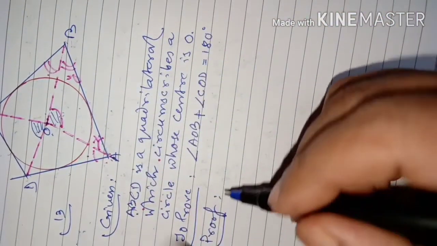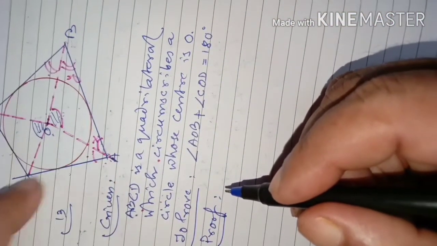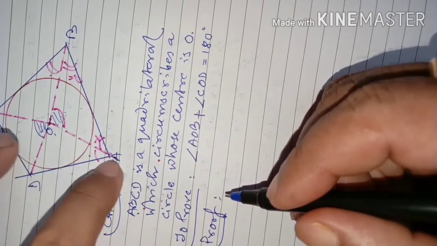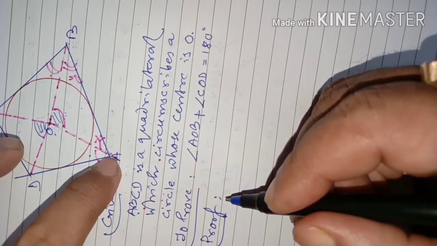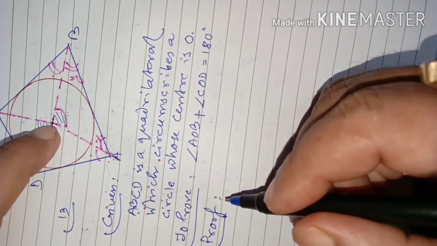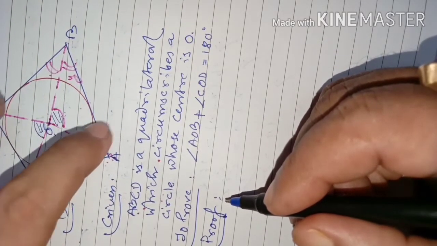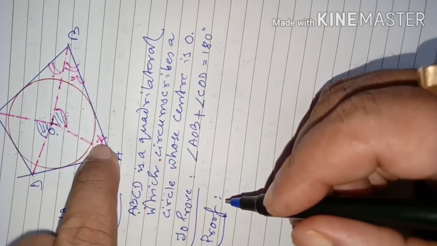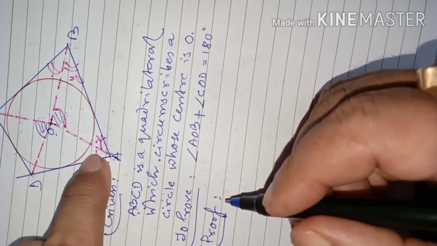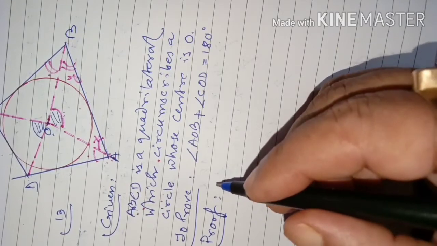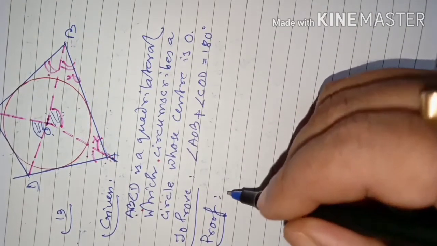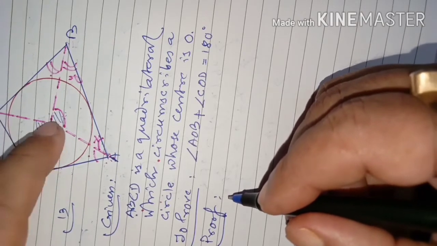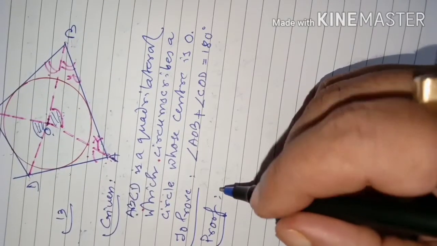That is the reason that tangents from an external point of a circle are equally inclined to the line joining the point and the center. This is the line joining A with center O. Therefore, to this line, both these tangents will be equally inclined. That's why this angle is equal to this angle. So we can say angle OAB is equal to half of angle.